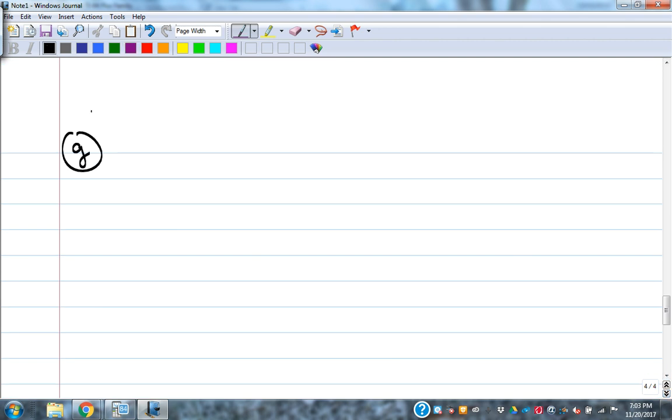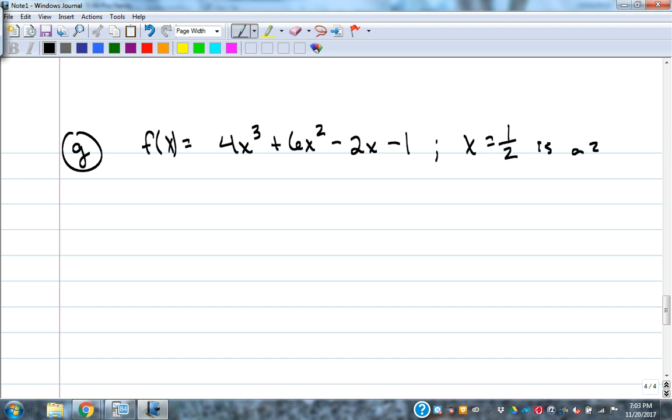Still doing the same thing, finding the zeros given one of them. So here's our polynomial: 4x to the third plus 6x squared minus 2x minus 1. x equals 1/2 is a zero. So 1/2 goes on the shelf.